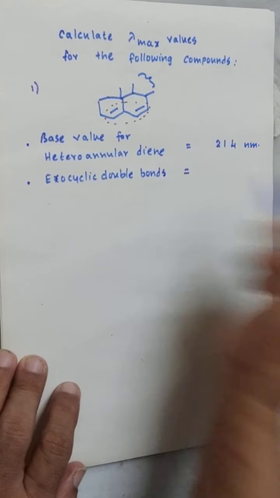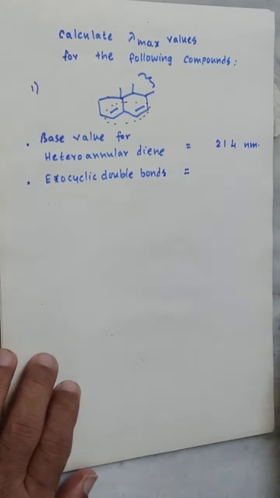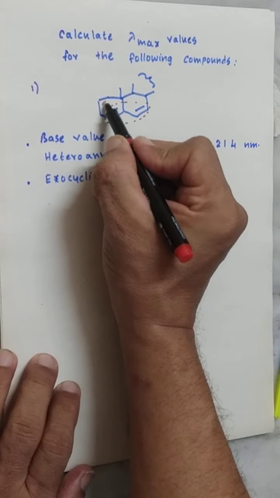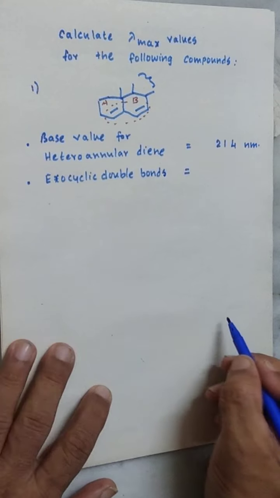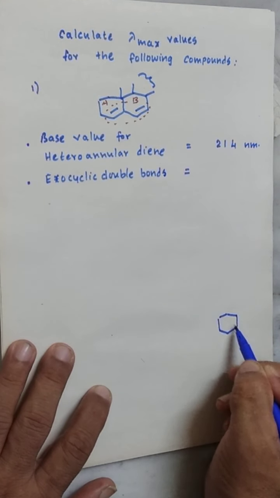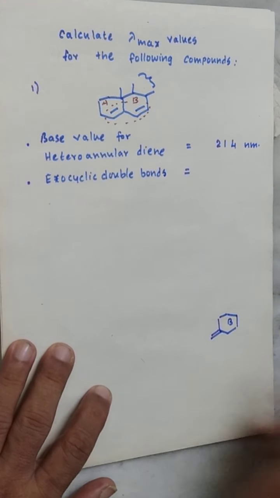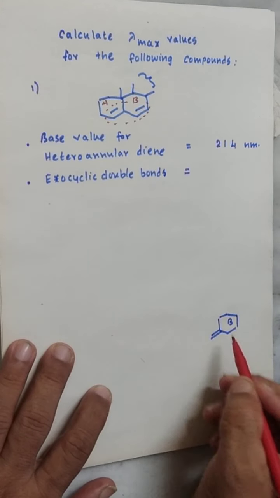See how many exocyclic double bonds are there. See here, this is ring A, this is ring B. Now if you write the ring B, here you have a double bond.